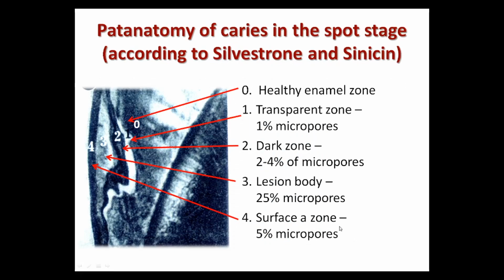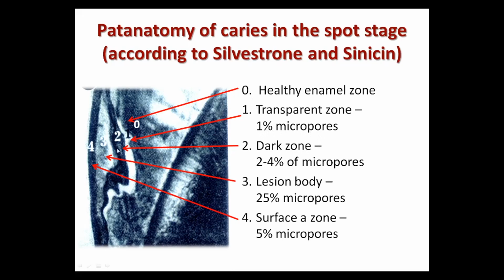According to Silverstone and Sinitsyn, there are several zones. First, healthy enamel zone. It's inside of triangle. Next zone is called transparent zone, and it has 1% of micropores.